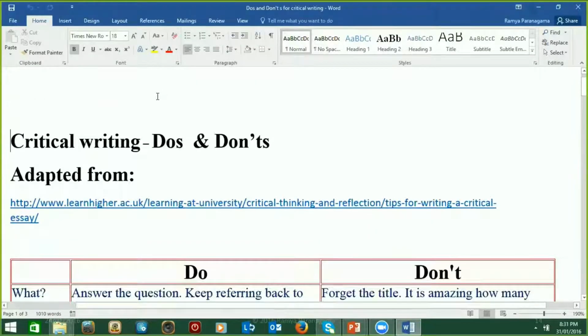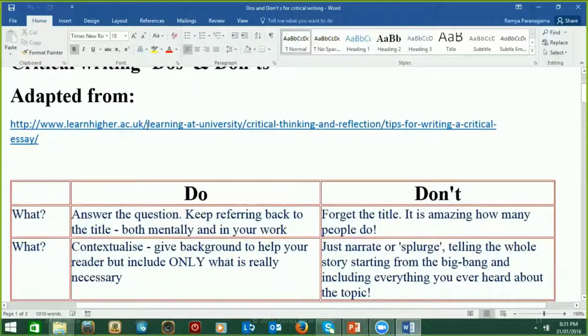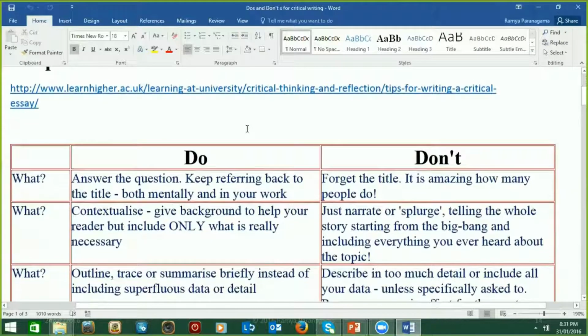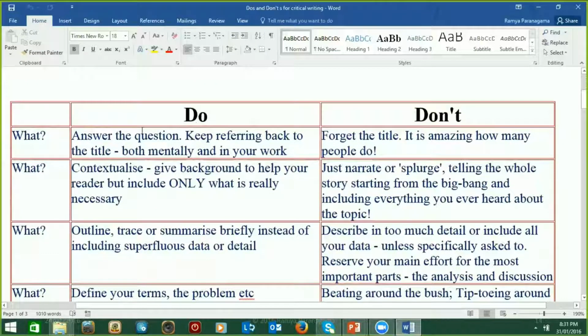So what I did was, this was adapted from this university website, and it says the do's. What questions are there? It says here, answer the question, right? Keep referring back to the title. That's something you have to do, don't forget the title, right? And the next one is contextualize, under do's.